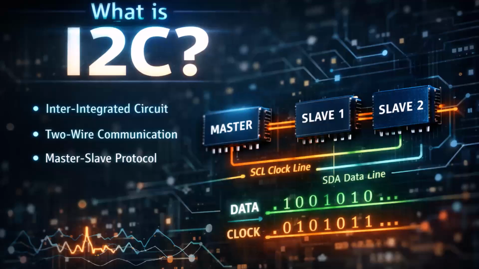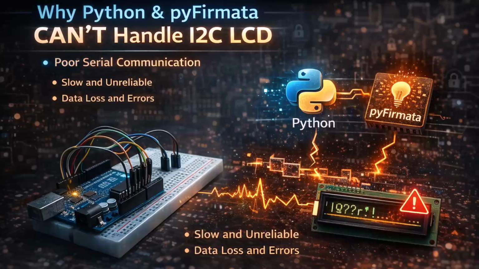But now, before we go any further, we need to address something important. Python works over a serial communication protocol. It's excellent for digital pins, analog readings, PWM control, and things like that.